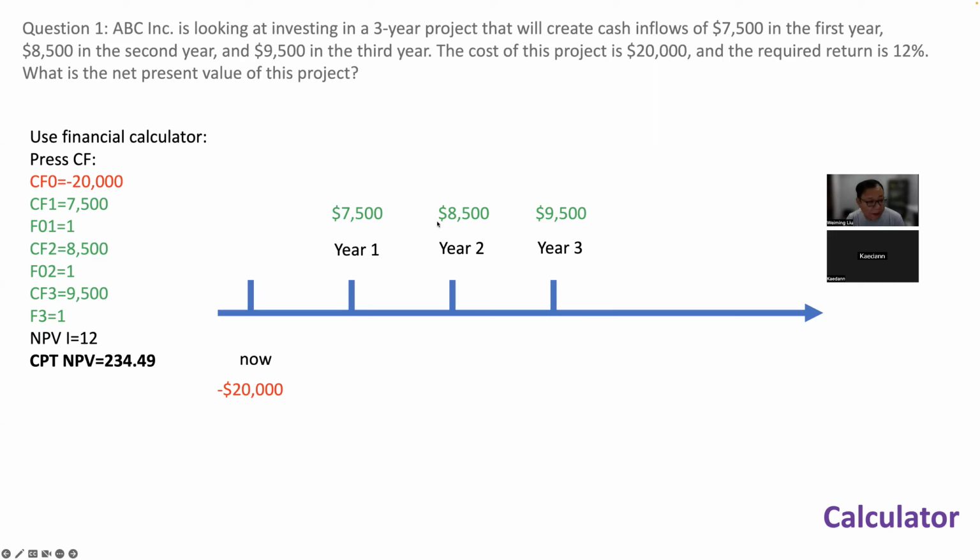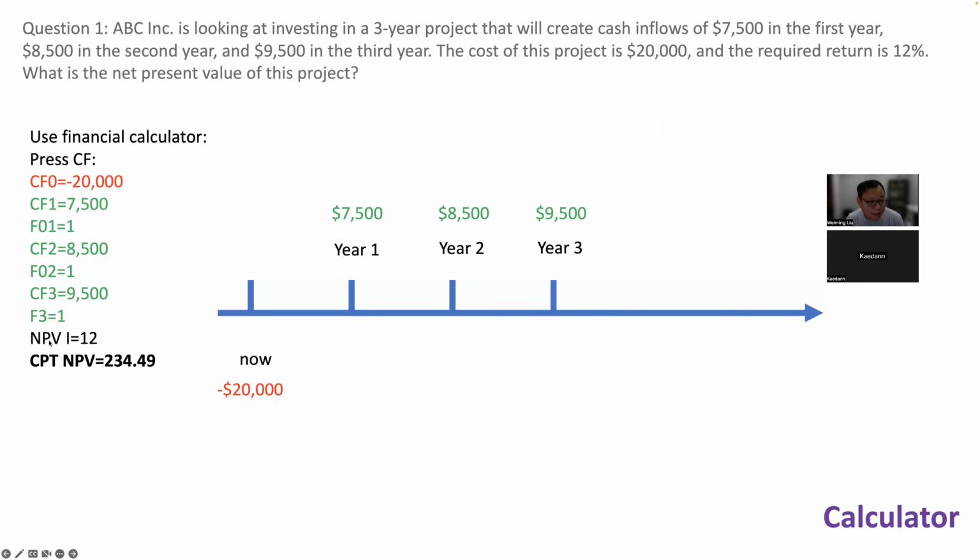CF2, for the second year, is 8,500. And F02 represents how many 8,500s in the stream, and there's only one. CF3, that would be the third year, so that's the 9,500. Again, F03 is 1 because they are all one unique cash flow amount.